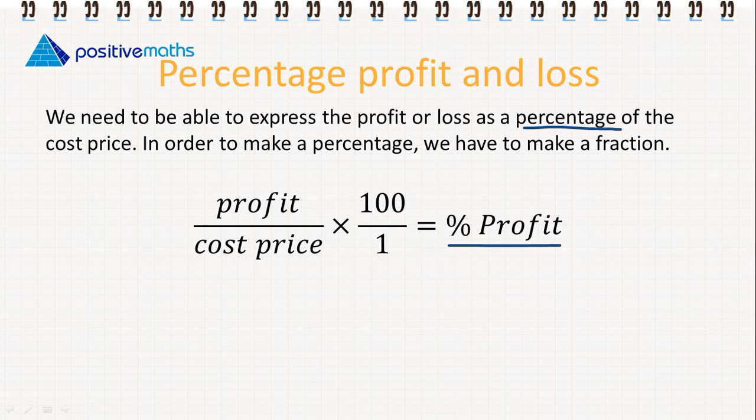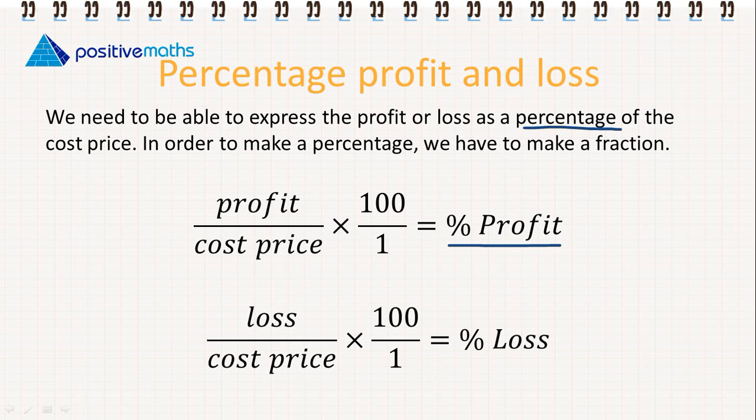So that's our fraction, multiplied by 100/1 to find our percentage. To find our percentage loss, it's going to be the loss again over the cost price multiplied by 100/1.